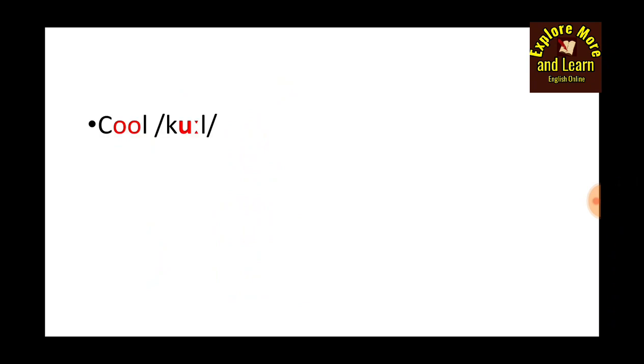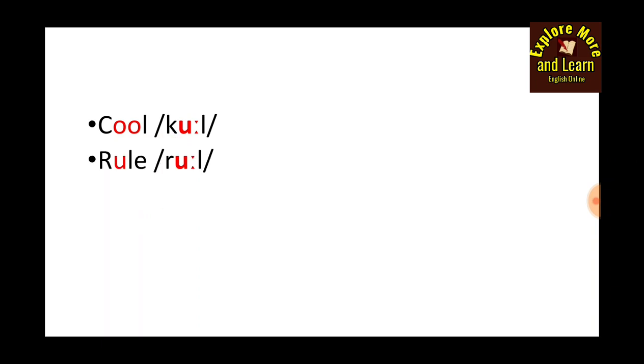For example, here you see, I have highlighted in red double O, cool, and we get this sound long oo by double O. Okay, and by this letter C we get K sound here.